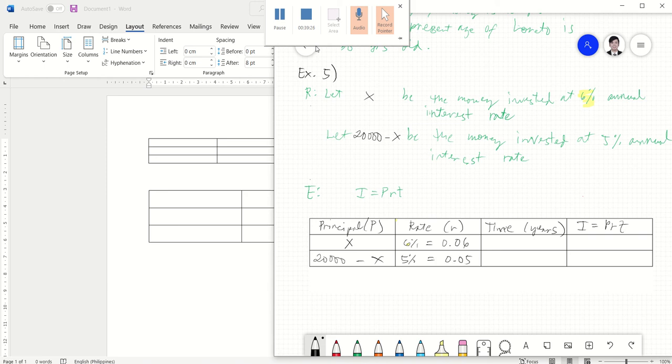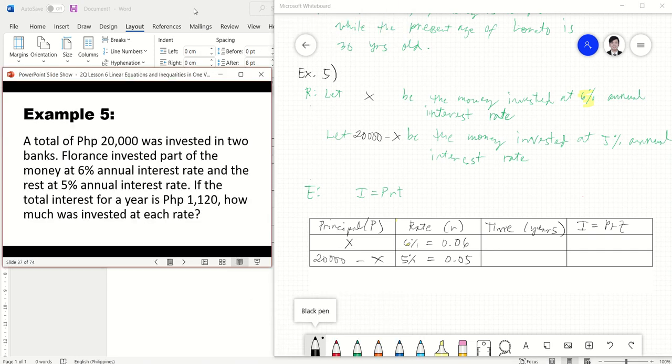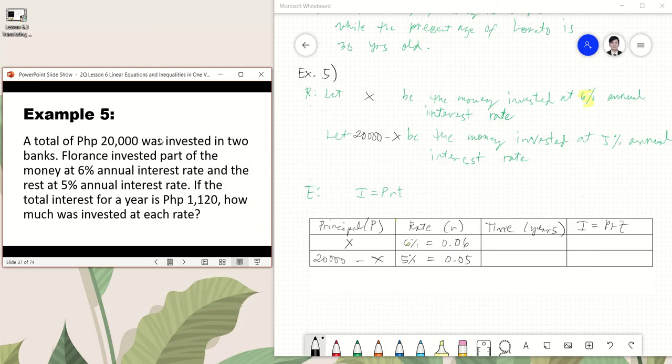Yung time naman, yung sinabi sa problem, balik tayo doon. It's after a year. So, yung time is just 1 for both of them. Then, kukunin na natin yung interest by multiplying the principal, rate, at saka time. So, x times 0.06 times 1, 0.06x.